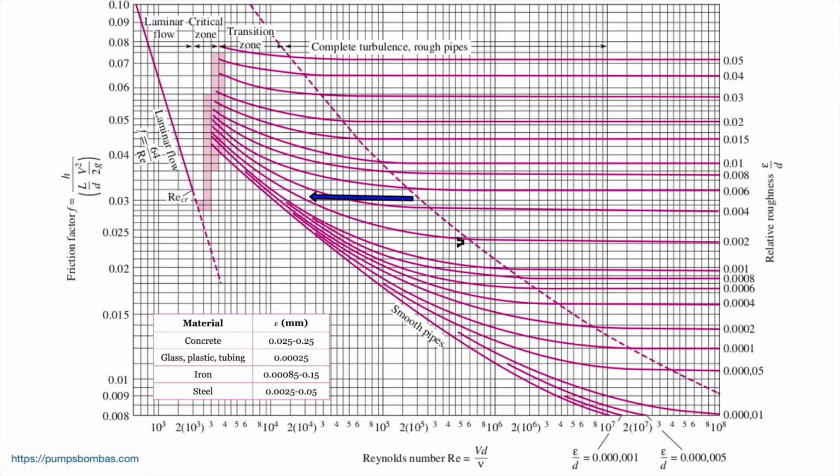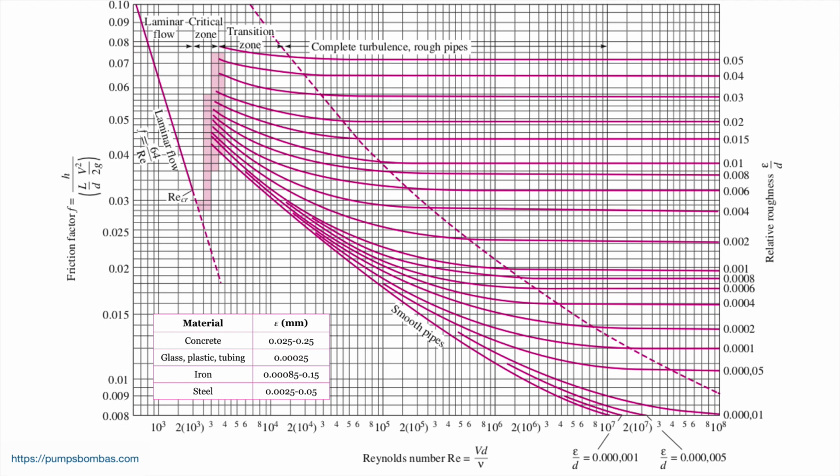To the left of the dashed line, we have a curve, so the value of the friction factor changes with the Reynolds number and also with the relative roughness. To the right of the dashed line, we see a straight line, meaning that the friction factor only changes with the relative roughness and does not depend on the Reynolds number. Most of the real flows we will encounter in our practice will be located, in general, in the zone of complete turbulence.